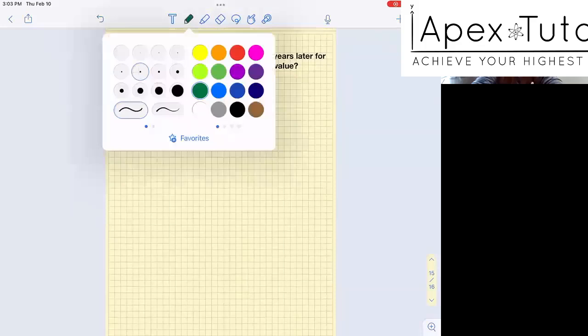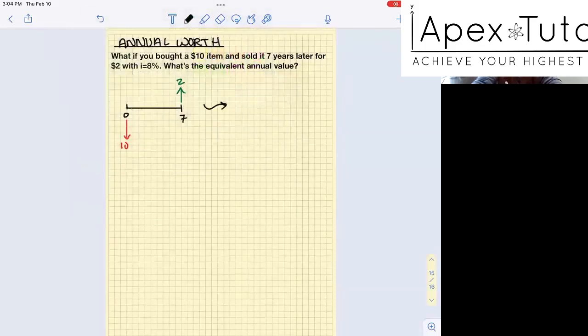All right, we are given that we have an 8% interest rate, and we want to convert it to an annual value. How would I draw that? What shape is it?